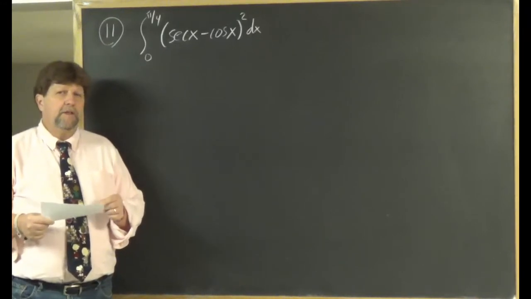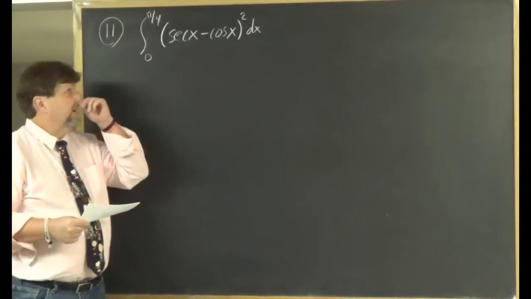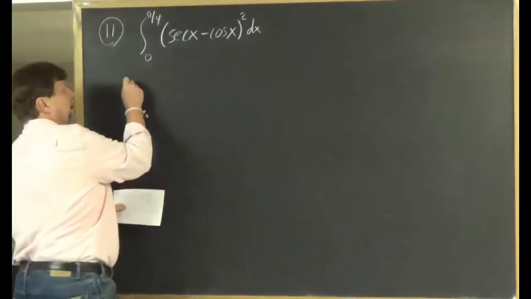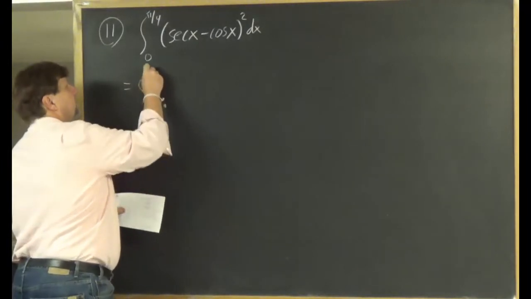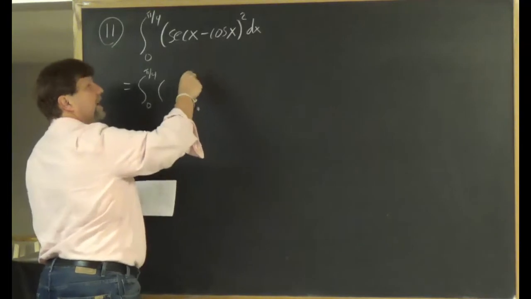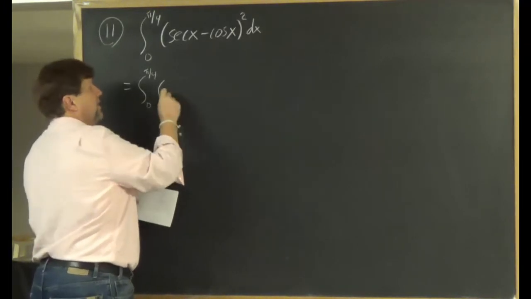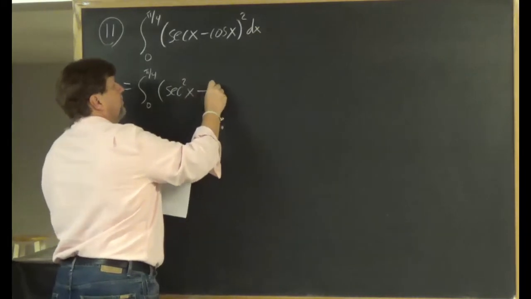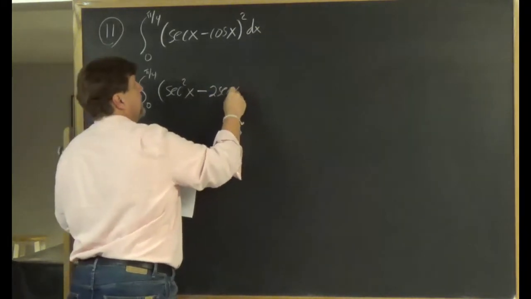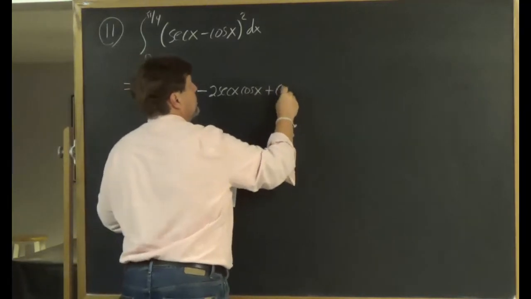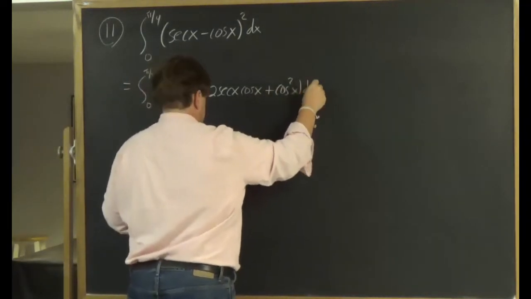Okay, I would begin this one by, well, foiling out that integrand, doing secant x minus cosine x times secant x minus cosine x. So here we go. When I do secant x minus cosine x times secant x minus cosine x, I'm going to get a secant squared x minus 2 secant x cosine x plus cosine squared x.